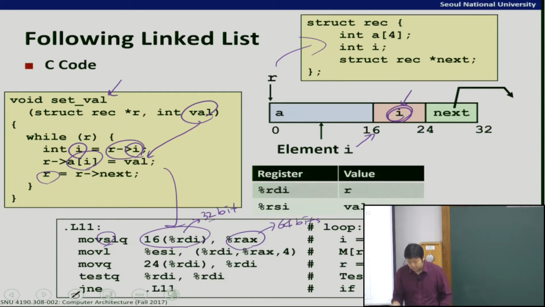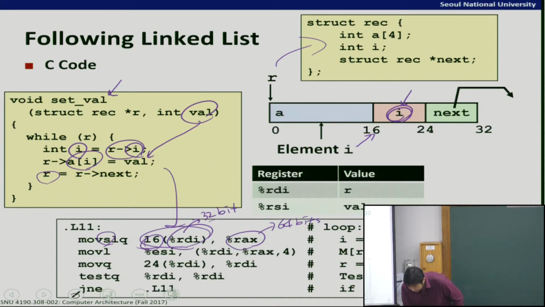Because we received the base pointer of the struct using the RDI register, we simply add 16 to it, and this is the address of the field I within the node. It loads just 4 bytes and stores the result into the RAX register. So now RAX holds the value of the I field within the node.